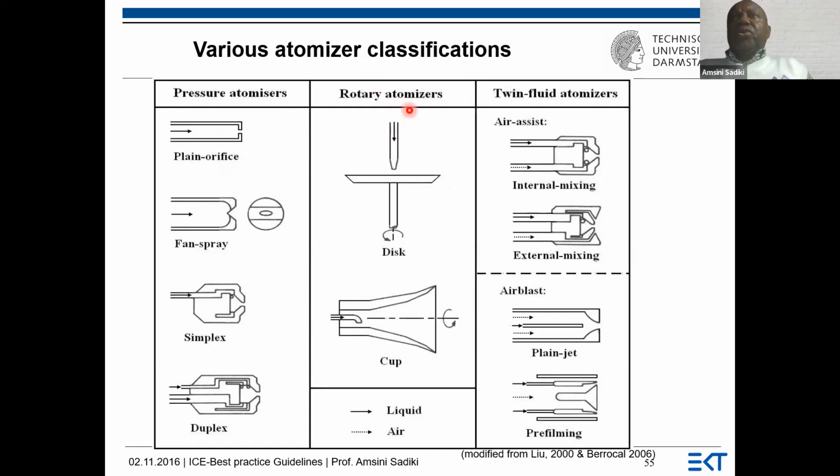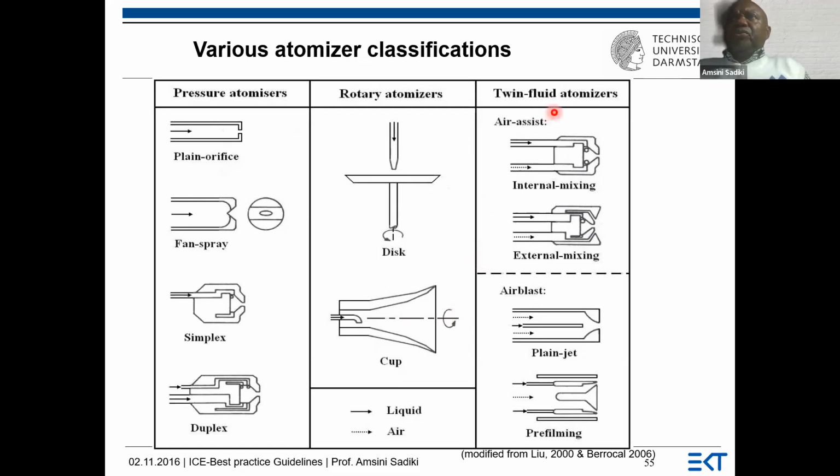And here it is the rotary atomizer. So the fluid comes on this disk, and this is rotating, and this produces atomization. And we have also this cup. So this goes down, and this is sprayed due to the rotation here.